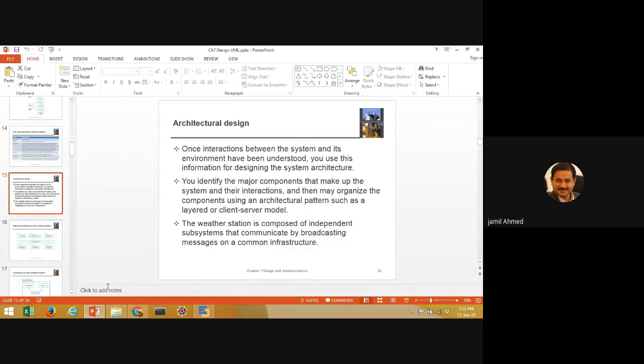And the weather station is composed of independent subsystems that communicate by broadcasting messages on a common interface. So basically, we know very well the temperature, the rainfall, the humidity, the wind. These things are being transmitted by the weather station.